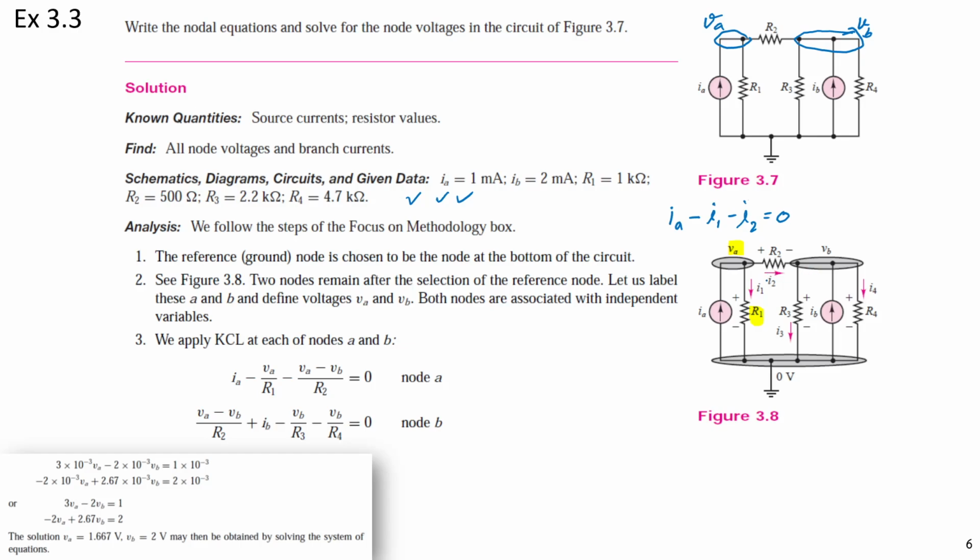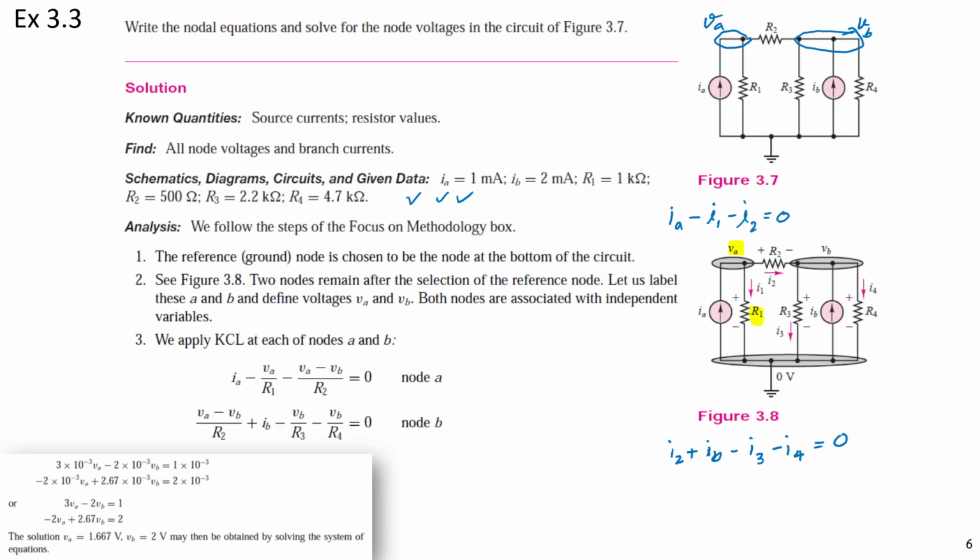So I2 plus IB is here, minus I3 minus I4 equal to 0. Okay, for node B. And what is I2? Same, right? I2 is VA minus VB divided by R2.